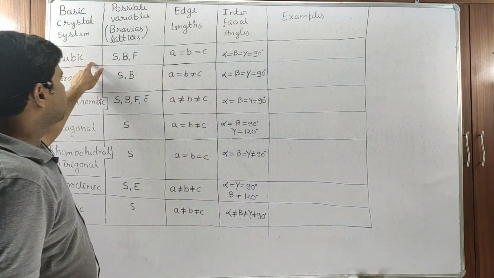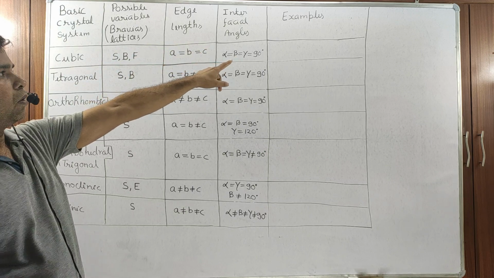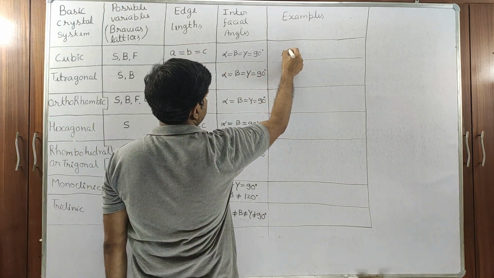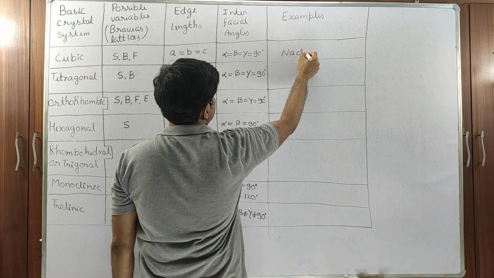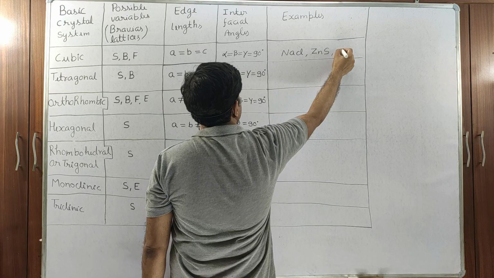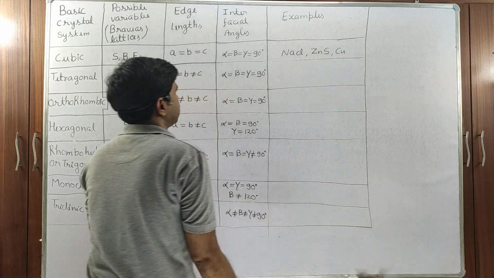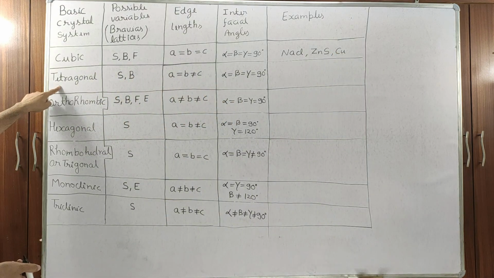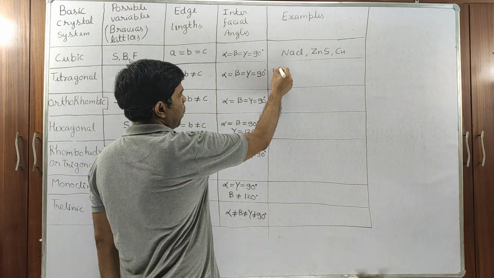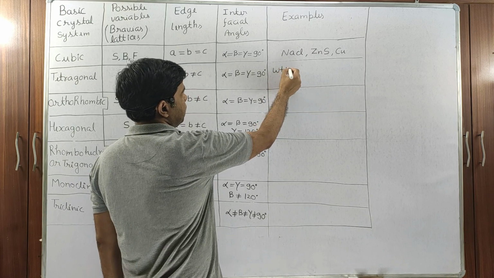Now the examples. Examples of the cubic are NaCl, zinc blende ZnS, and copper. Then the next, tetragonal, we have white tin.